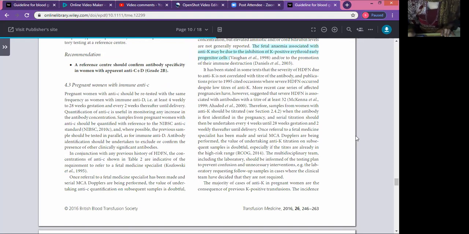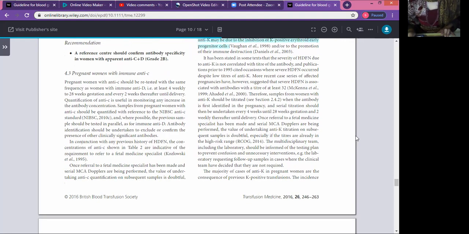Another thing is that here we do not have a quantified titer, but we have antibody titration done, and for them we mentioned earlier that a titer of at least 32 is needed to be classified as severe HDFN. But some also mention that a titer of even 8 and above is a moderate risk for HDFN.